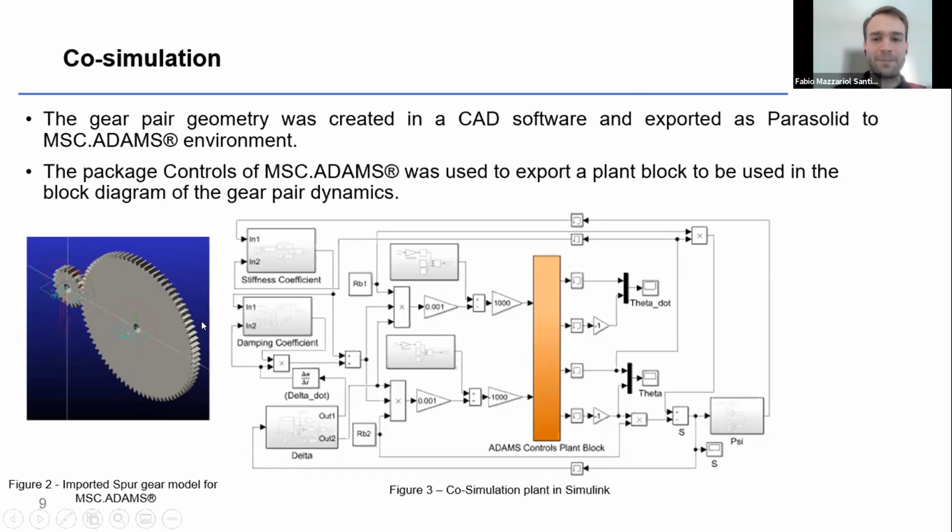Very briefly, the kinematics and the positions from Adams are translated to MATLAB Simulink. From MATLAB Simulink, we calculate the contact forces, and these forces feed back to the Adams model, and everything goes on in a loop.